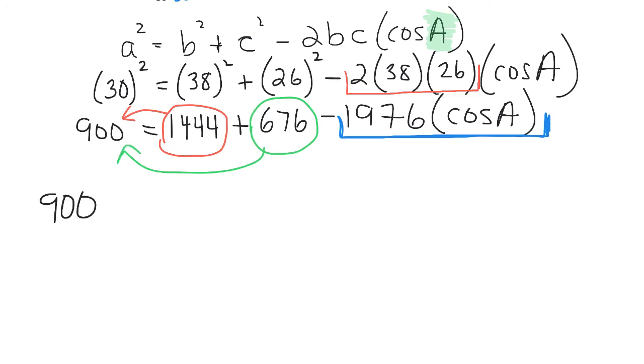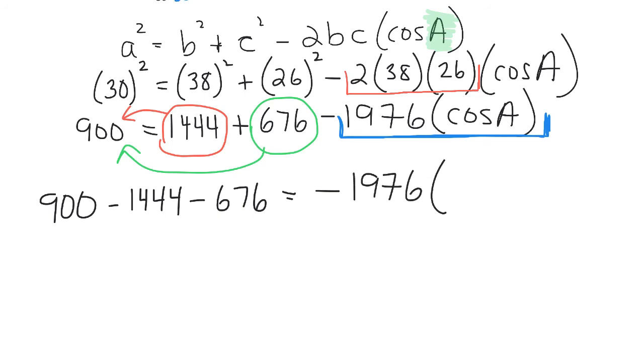If I move those terms over, I'm going to have 900 minus 1,444 minus 676. Then I have my equal sign, and on the right-hand side I still have negative 1976 multiplied by the cosine of angle A. That is still there.